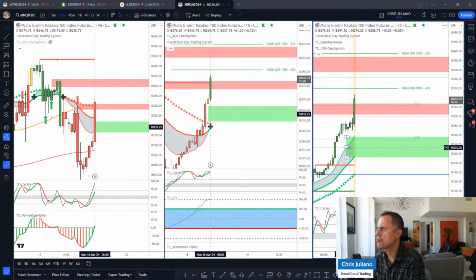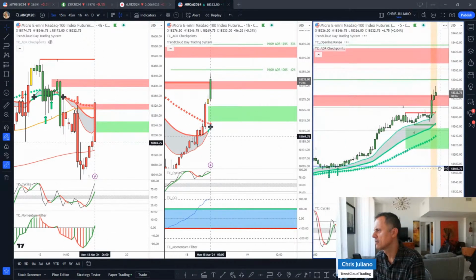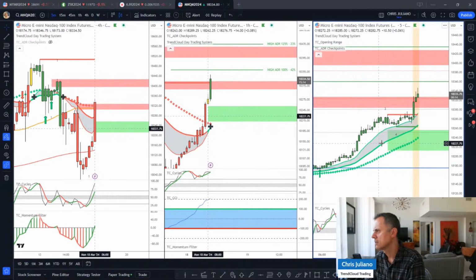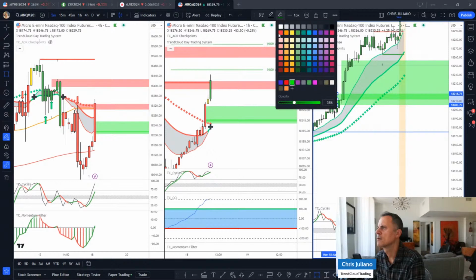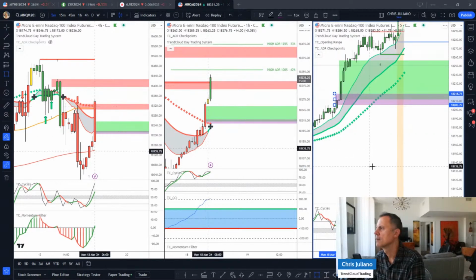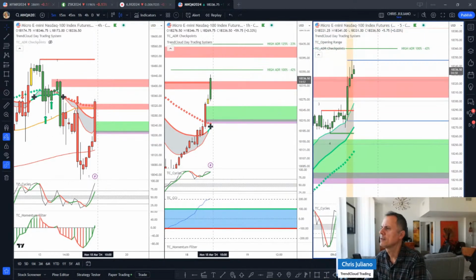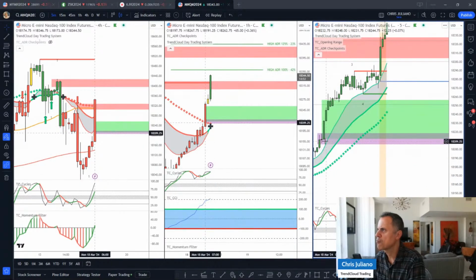Look left. Structure leaves clues. Don't see it? Drop down to the 5. Rally base rally. Okay, it's quite a ways. Look at where this rally base rally on the 5-minute chart is.